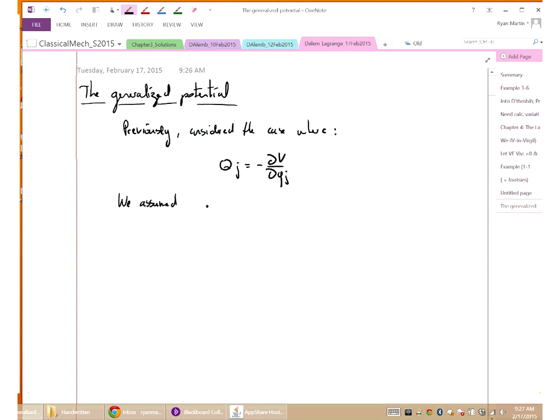And we assumed that ∂V/∂Qj dot equals 0. So we assume that the potential energy does not depend on velocity.